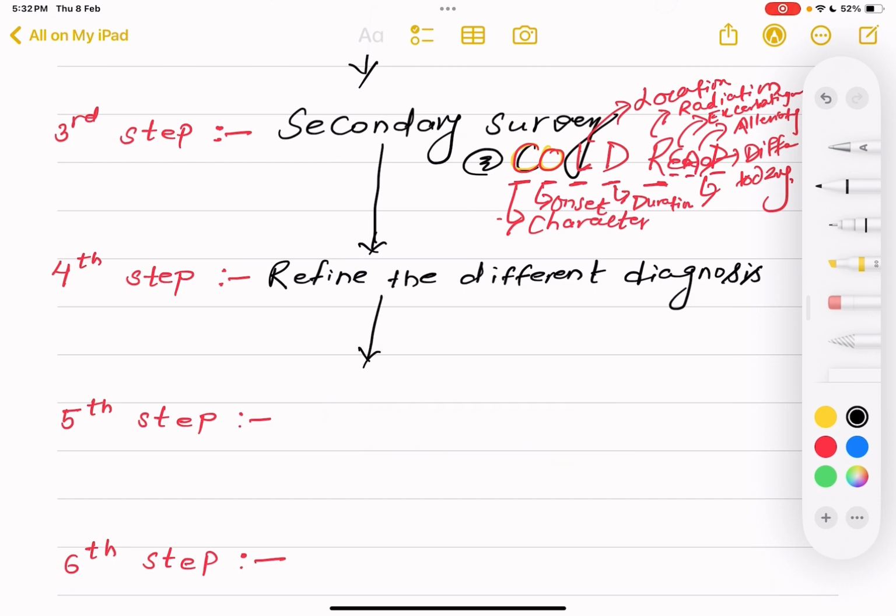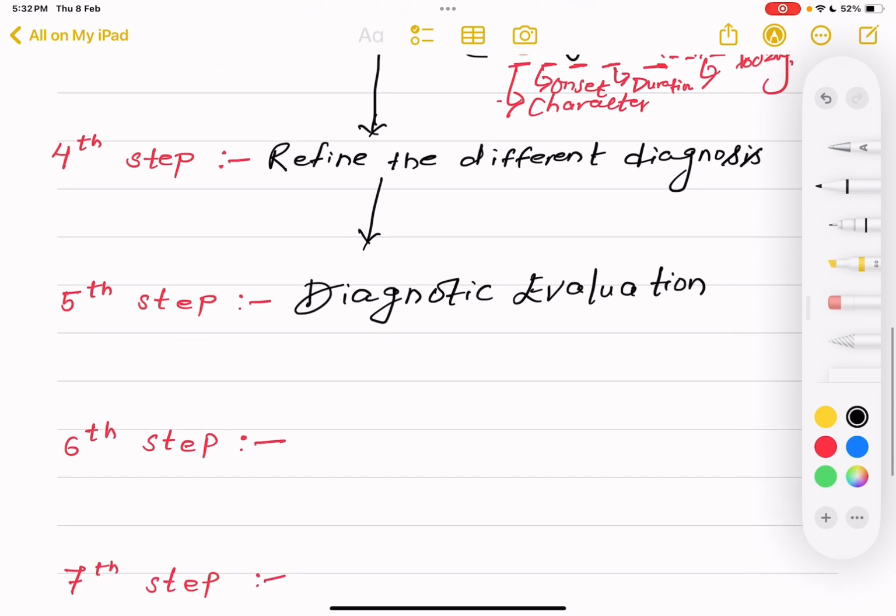And then in the fifth step, we are going to have diagnostic evaluations, guys. So how are we going to diagnose the disease?